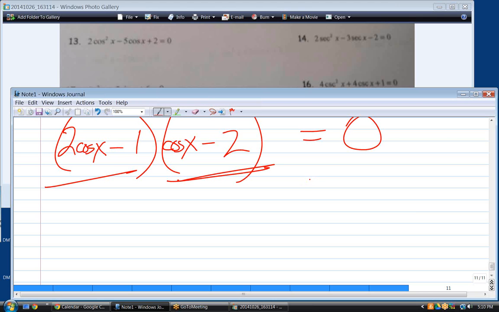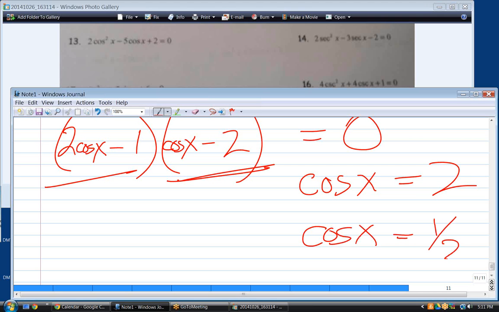Yeah, at least one of them has to be equal to 0. So we're going to solve it by setting both of them equal to 0 and solving. So either that's true or this is true. Now, the zero product theorem doesn't say they both have to be 0. It just says one of them has to be 0. You can't produce a 0 here without one of these things being 0.